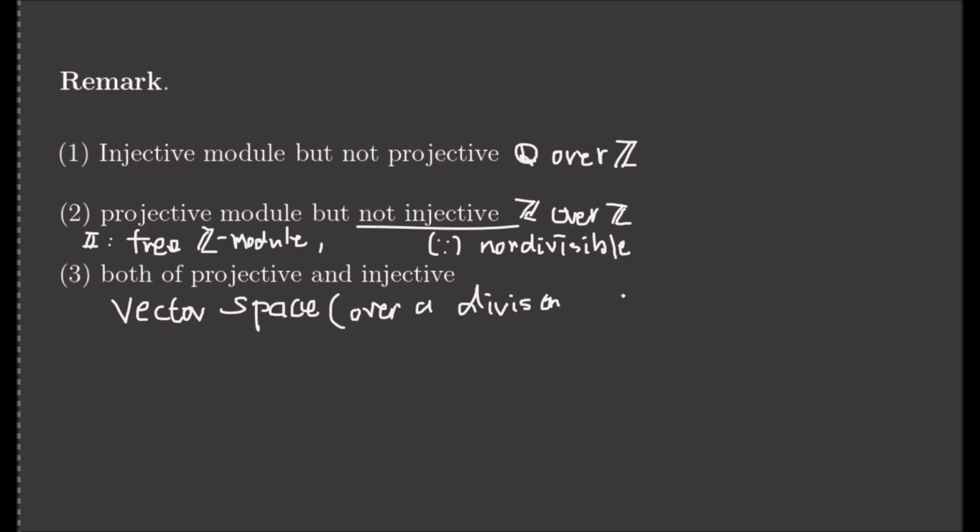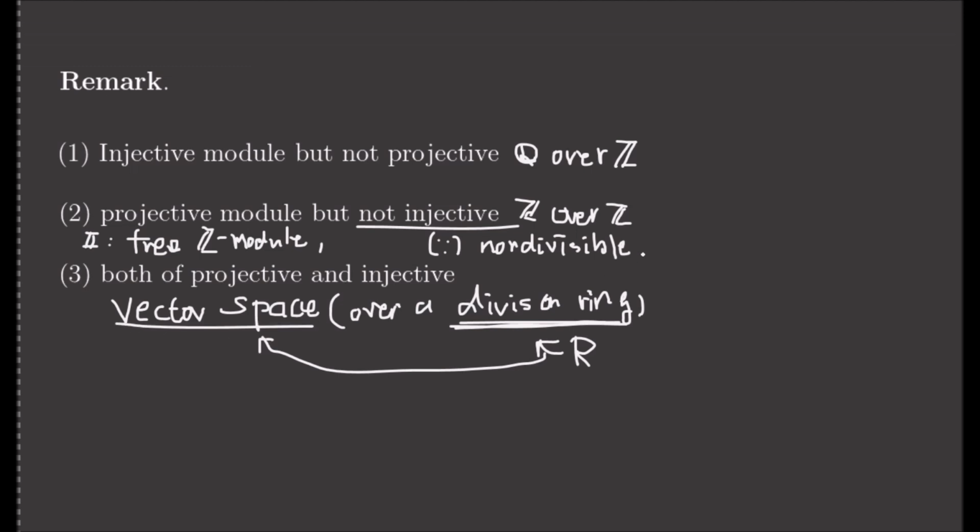Every non-zero element has an inverse. This ring is called a division ring. And if R is a division ring, then the module is called a vector space. So if the module is a vector space, it is projective and injective.